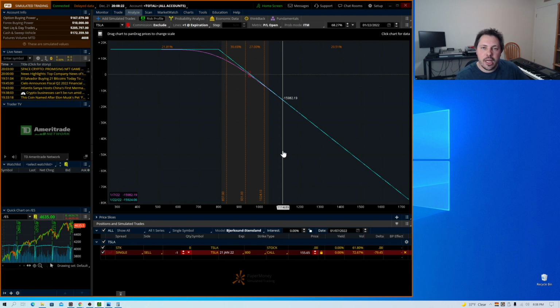Selling puts, there's limited risk to the downside. And just important to, again, know what buying options means, know what selling options means, right? Know what buying the call gives you, know what buying the put gives you, know what selling the call, know what you're obligating yourself to when you sell the call, know what you're obligating yourself to when you sell the put.